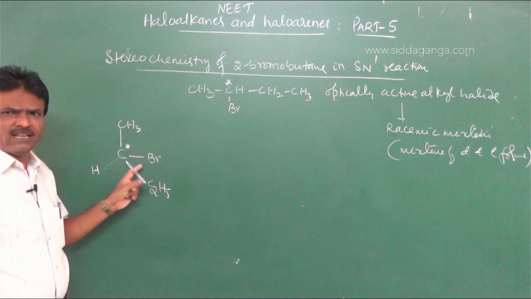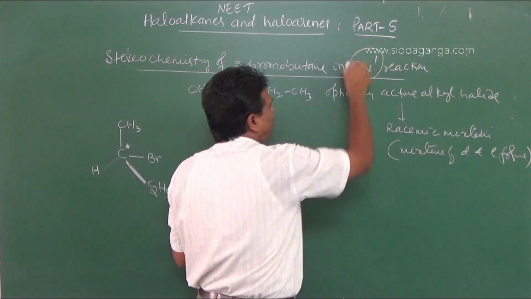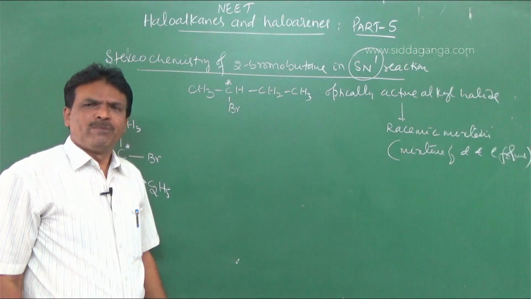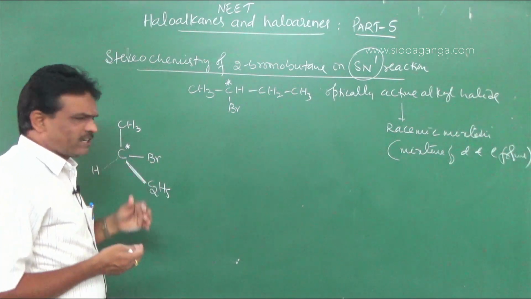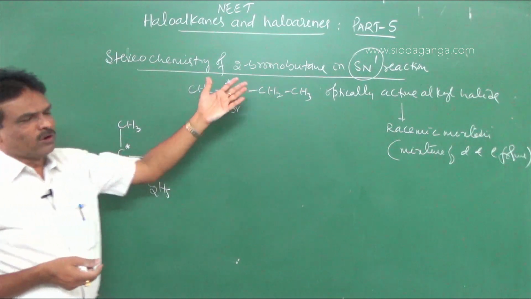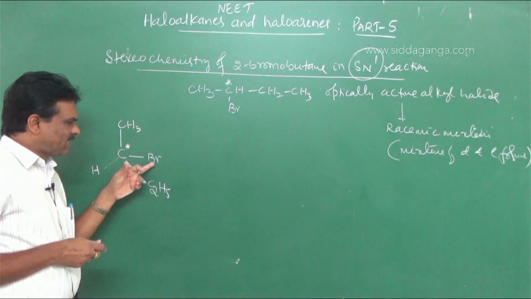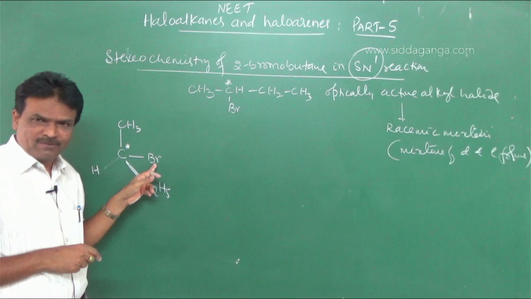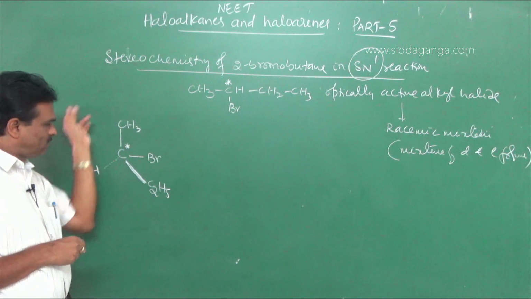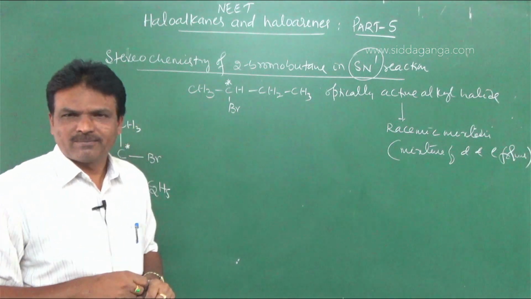In case of SN1 reaction, polar protic solvent is required. So dissociation takes place and carbocation is formed. To that carbocation, nucleophilic attack can take place from any direction. Either it attacks the carbon from the side of the halogen, that leads to retention configuration, or if the nucleophile attacks from the side opposite to the halogen, that leads to inversion configuration.